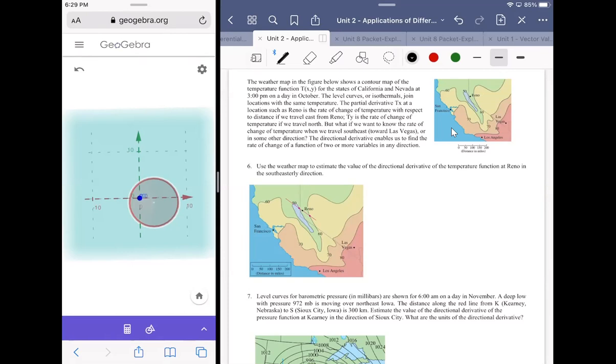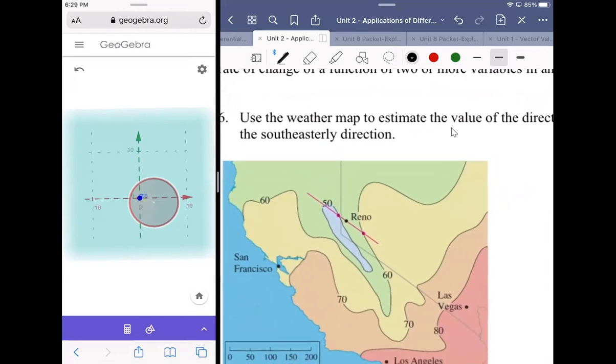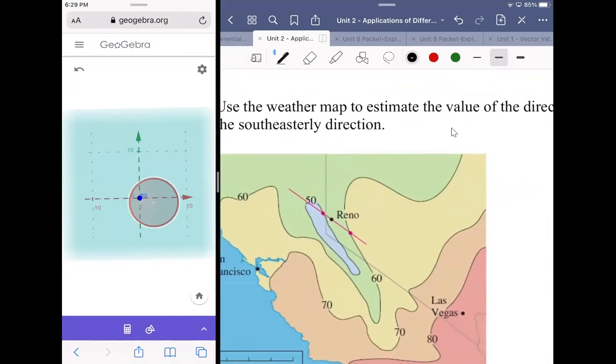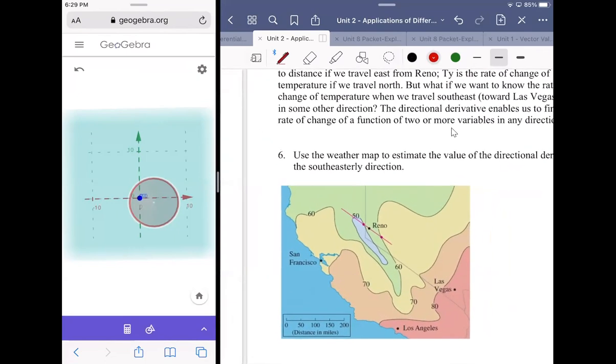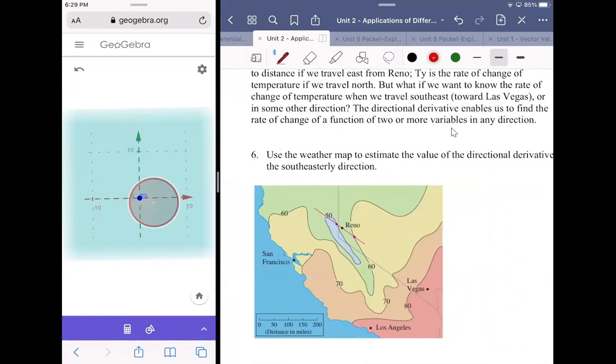Now, if I superimpose a circle over this with Reno as the center of that circle. I don't really have a compass to do this, so this is going to be a hideous looking diagram. But if I were to assume that Reno is the center, let me actually do that in black.